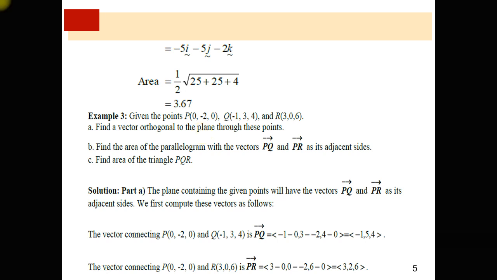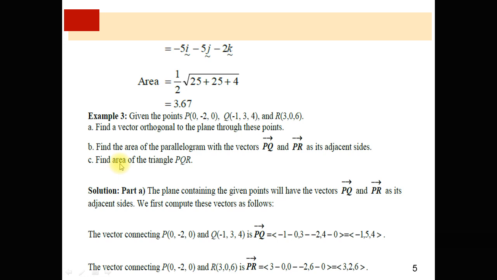Then the cross product is orthogonal to those vectors. And for part B, find the area of the parallelogram. Find the magnitude of the cross product of those adjacent vectors. This will actually be the parallelogram area.